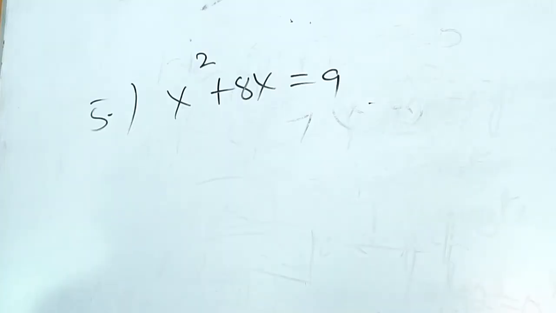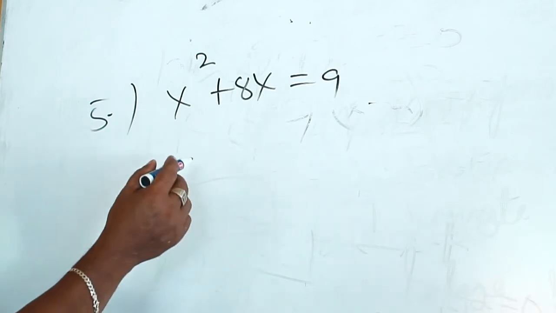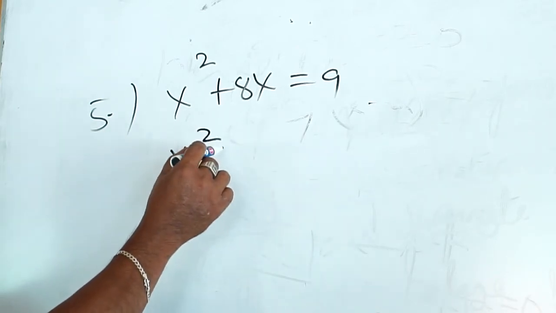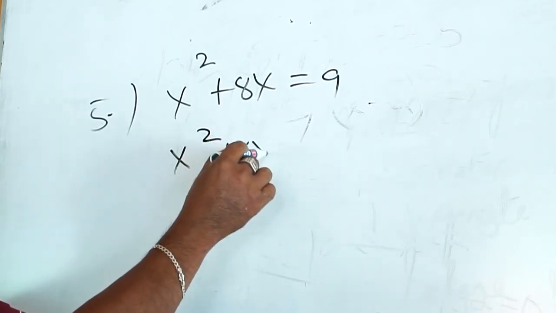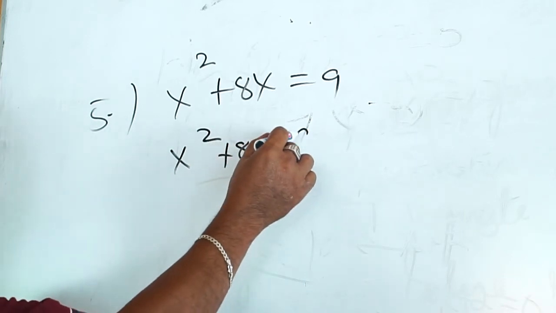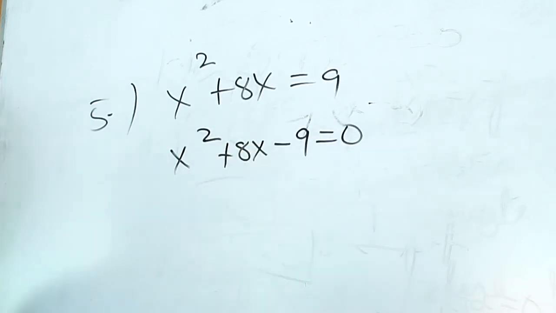So example number 5: x squared positive 8x equals 9. For this equation, first you have to write it in the standard form of a quadratic equation. So that is x squared positive 8x negative 9 is equal to 0.